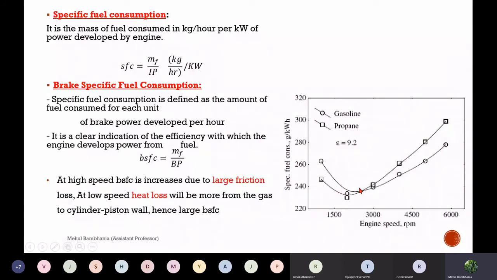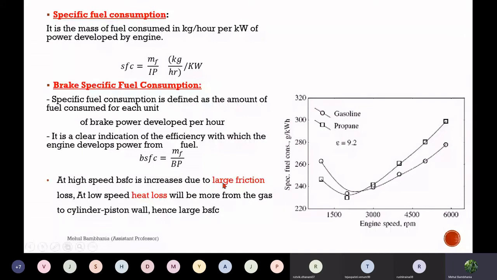Why has this happened? When you run your vehicle at very low speed, a small amount of fuel is injected, and that small amount of fuel is not able to overcome the minimum amount of friction. Once you decide the size of the engine, there must be a minimum amount of friction.